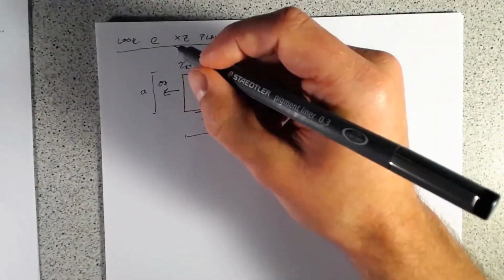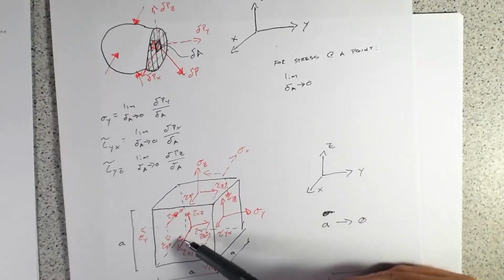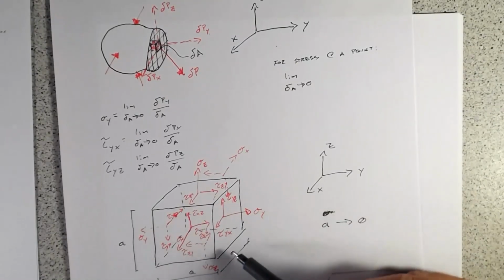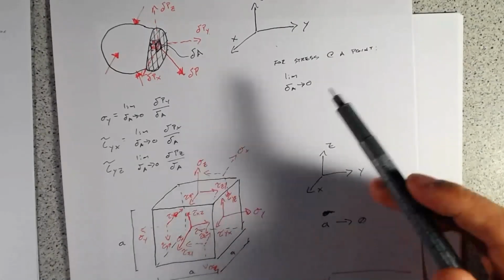And then finally on the X faces, on these two faces here, we have a tau XZ pointing up and a tau XZ pointing down.